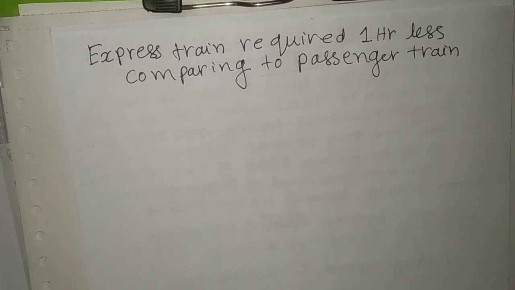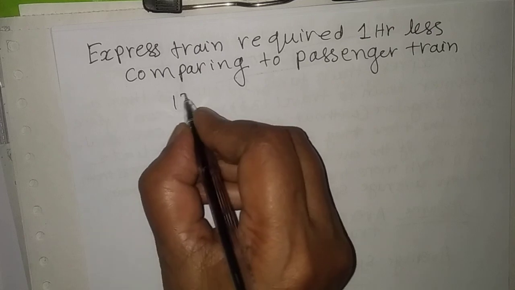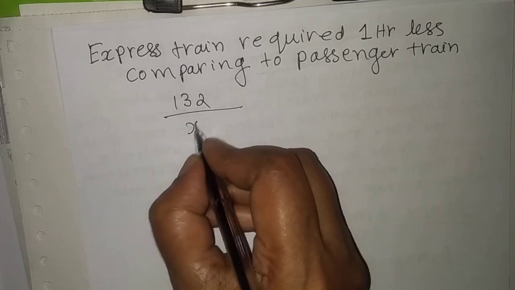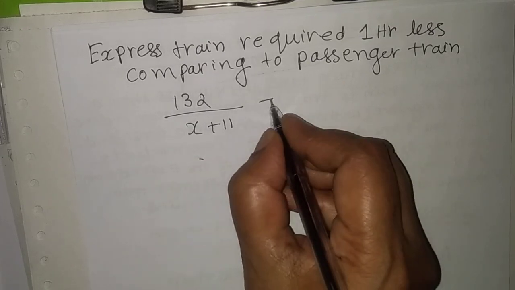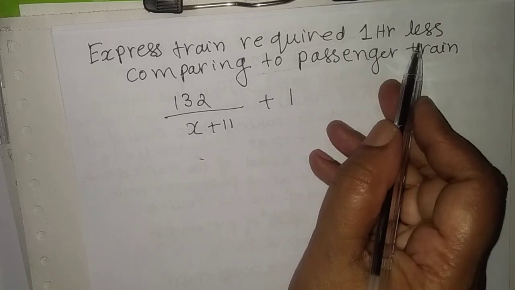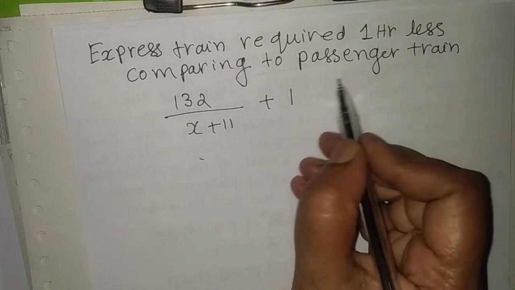So how to write the equation? 132 by x plus 11, plus 1, equals 132 by x, since the express train requires 1 hour less than the passenger train.